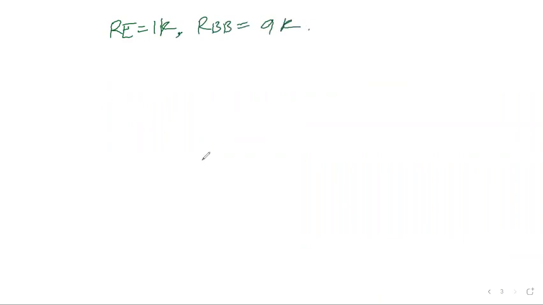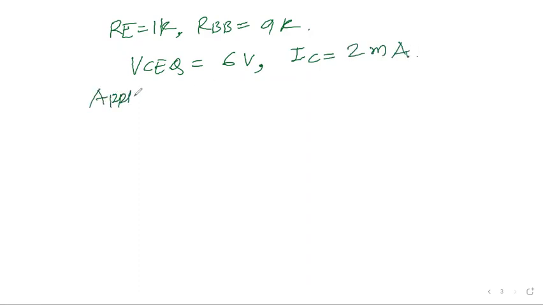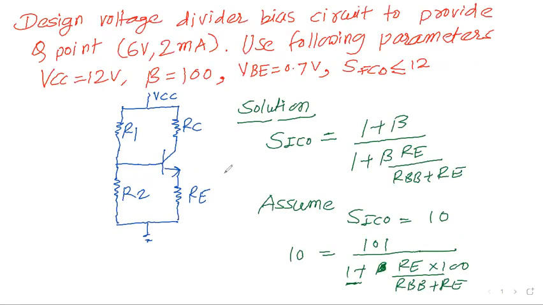Now what they have mentioned? They mentioned that our VCEQ has to be 6 volt and IC has to be 2 milliamperes, right? So let us apply KVL to the output loop. We have done this before also. Now output loop means here.